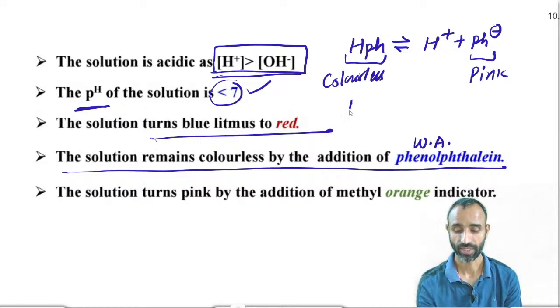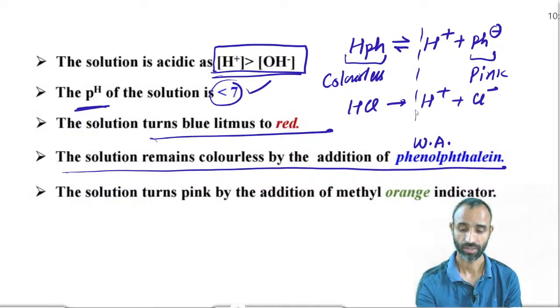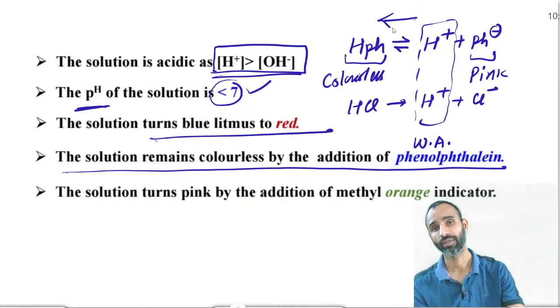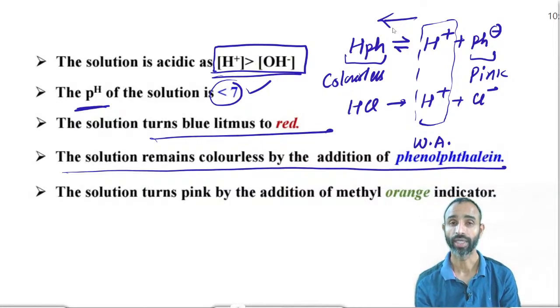So in acidic medium, what happened? When we add HCl, we have H+ ion in excess, and due to common ion effect, equilibrium shifts backward, and therefore the dominating species in the solution is unionized phenolphthalein, and therefore it is colorless.